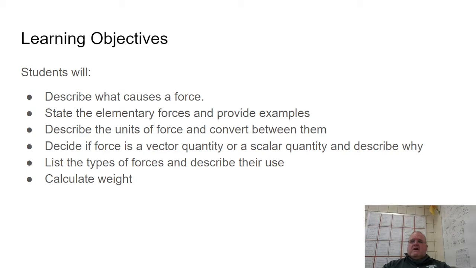We talked about the elementary forces: gravity, the electromagnetic force, the weak nuclear force, and the strong nuclear force. Then we looked at the units of force, newtons and pounds, and we converted between them. In 1 pound there are 4.448 newtons.